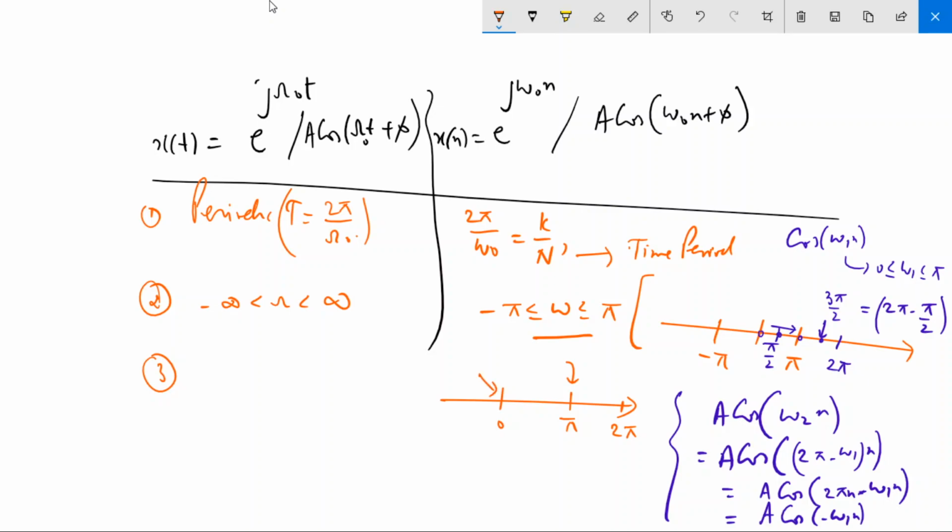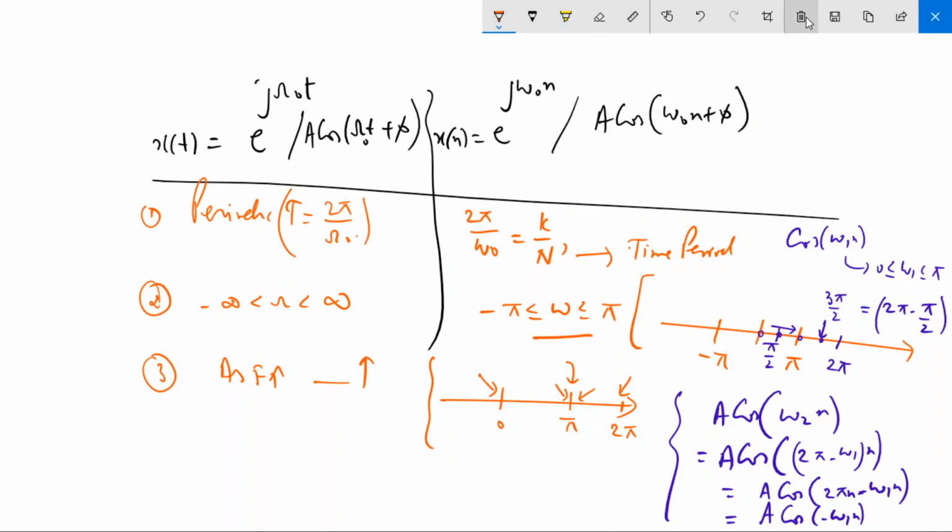So low frequency signals are near 0 and 2 pi. High frequency signals are close to pi or odd multiples of pi, whereas this is not the case here. So as you increase the frequency, your rate of oscillation continuously increases in continuous time. Okay, this is what we have discussed.